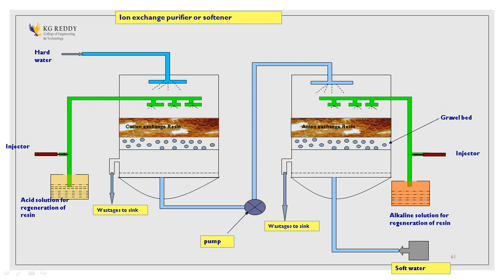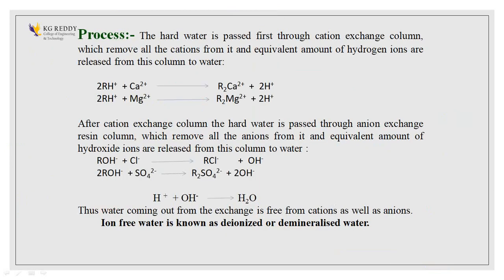The reaction is like this: the cations are exchanging. Calcium is exchanged by hydrogen, or hydrogen is exchanged by calcium, therefore it gives R2Ca and 2H+. This H+ will be free from the resin, right?